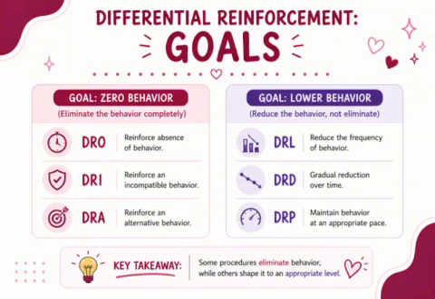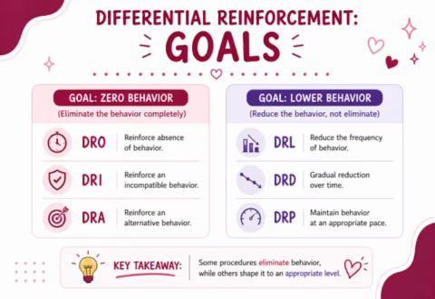Now we have the goals of differential reinforcement. So again, there are different procedures depending on what your goal is. If you want the behavior to be at 0, we are going to use either DRO, DRI, or DRA.